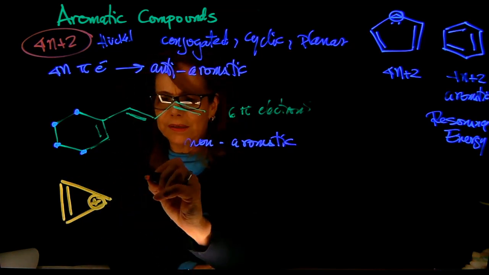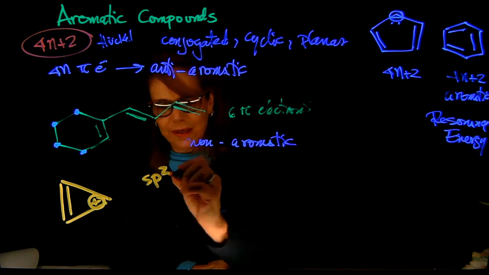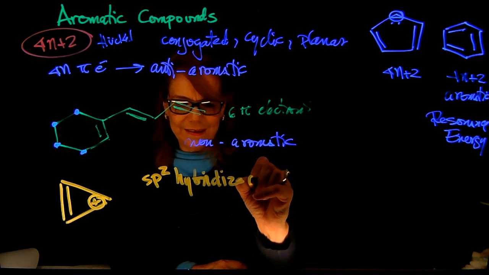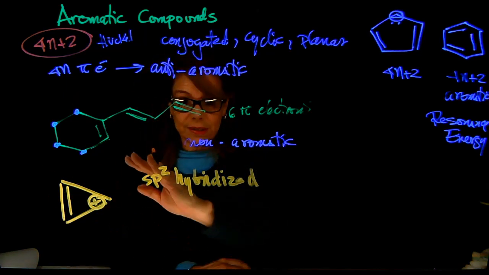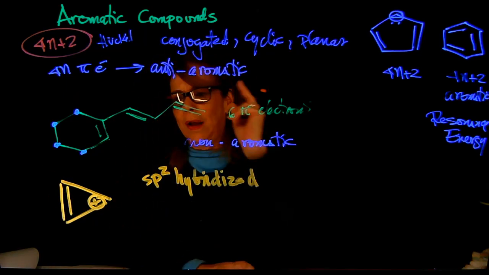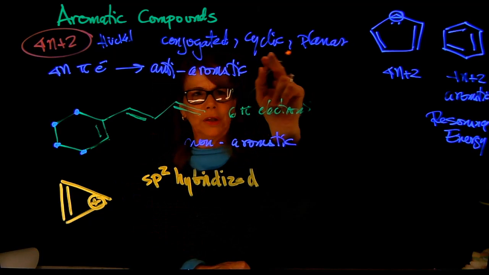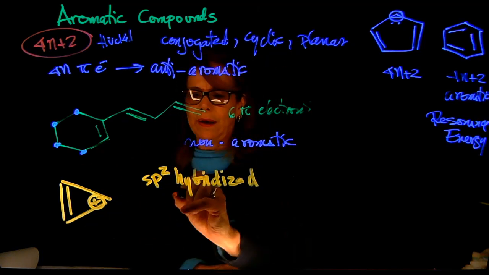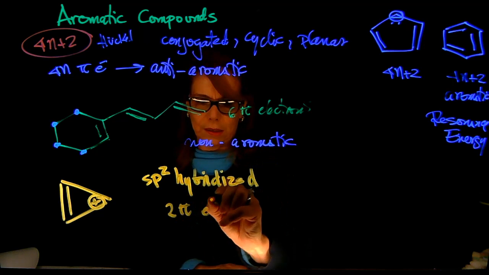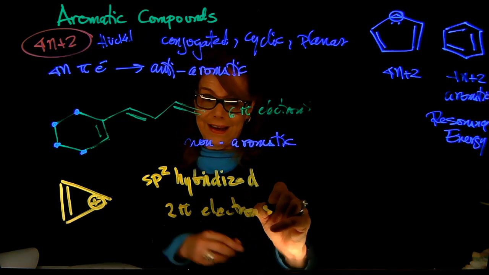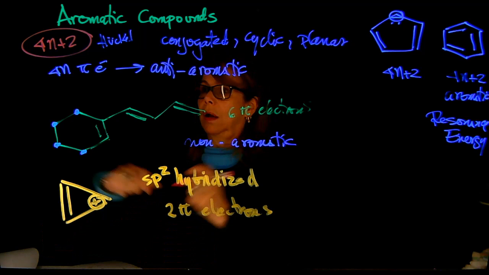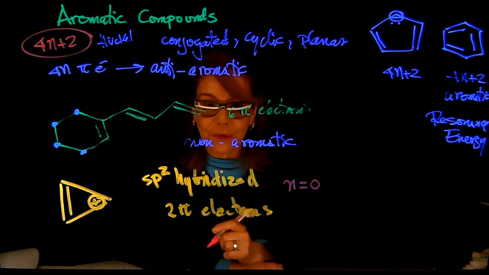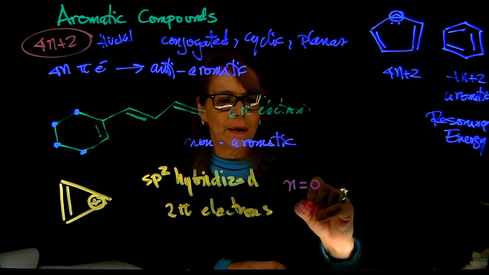So everything here is sp2 hybridized, all of the carbons. And so we have a continuous system of p orbitals that overlap. So it is fully conjugated. It is cyclic. It is planar. And we have 2 pi electrons, and that actually meets Huckel's rule for n equals 0. So that compound is aromatic.